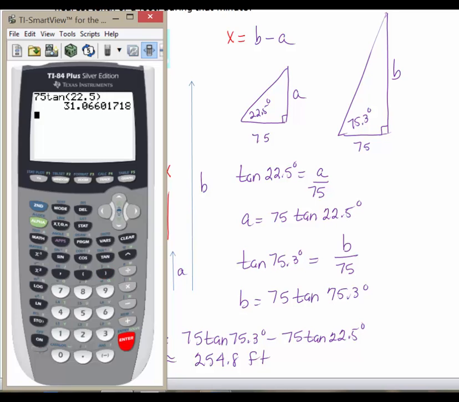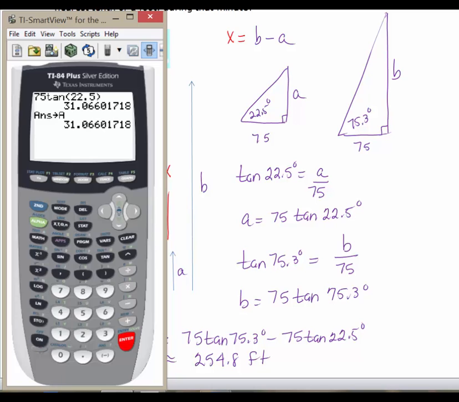I hit the STO button, which is right above the on, store, and I want to store that in A. A is right above the math key, so I hit alpha math, and so I'm storing the value in the variable A.